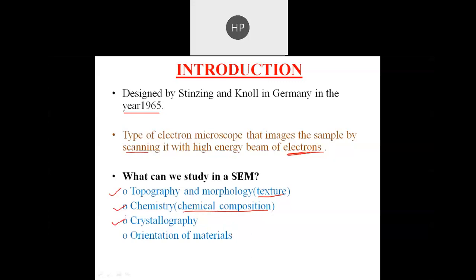All these data we can easily identify from SEM analysis. This is the study we can perform with SEM, and these are very basic requirements to understand the structure of any matter, and that's why SEM has nowadays become very popular in all these analyses.